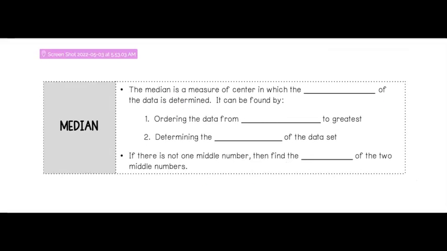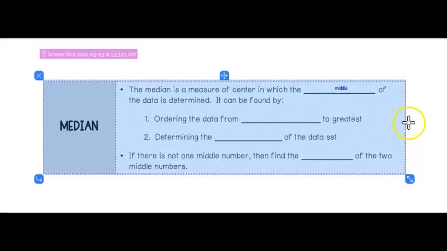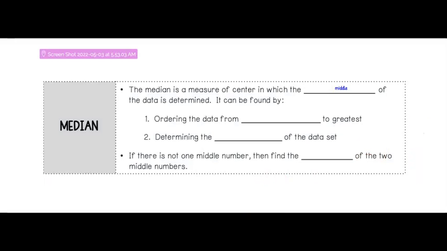All right, let's go through the median. So we just did mean, now we're going to do median. So let's go through the median vocabulary. All right, so it says the median is a measure of center in which the blank of the data is determined. All right, so that would be the middle. And it can be found by doing two different steps to get the median.